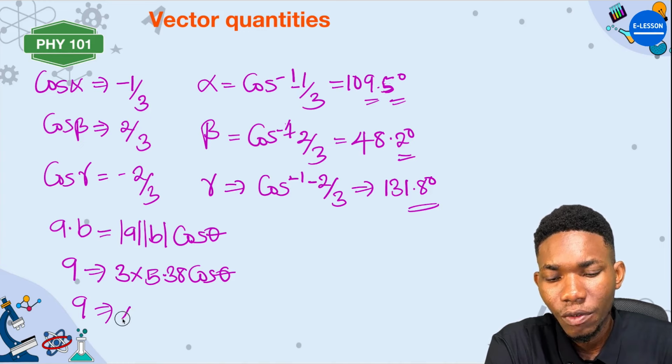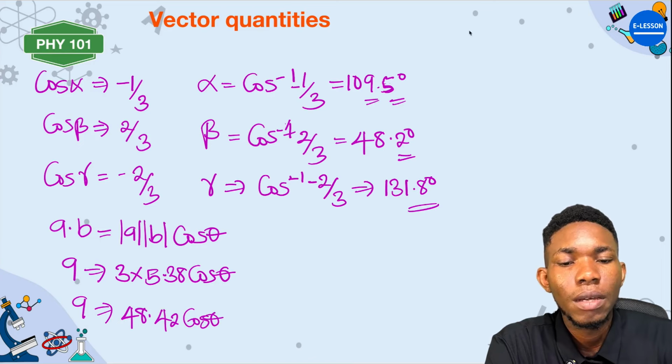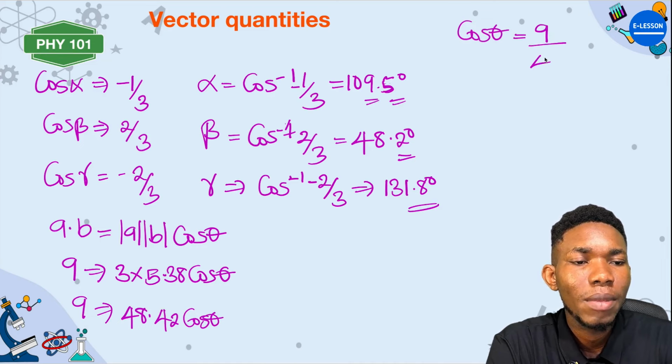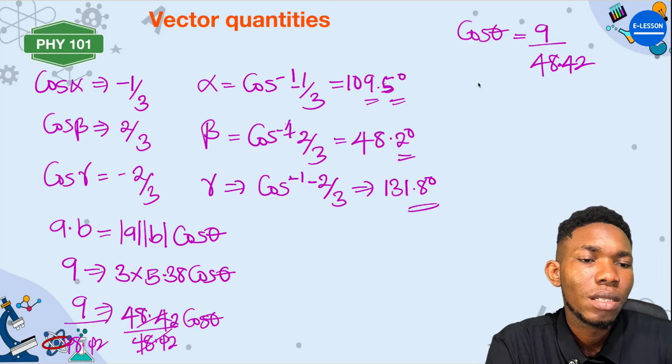That will give us 48.42 cos theta. Is that okay? So cos theta now, divide both sides by 48.42 to be 9 divided by 48.42. When this cancels this, you get this.